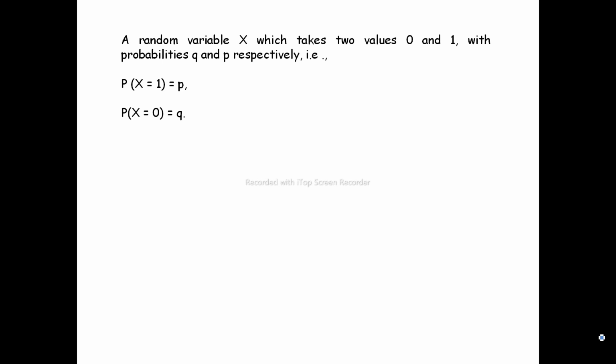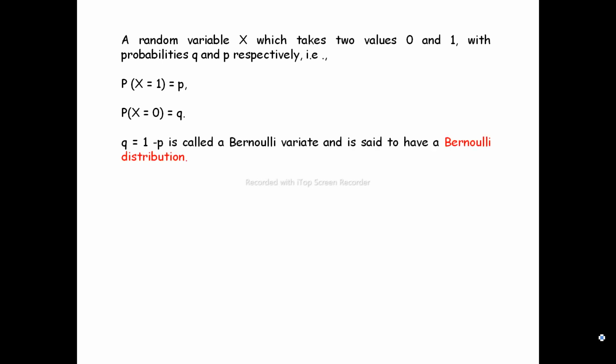Okay, and we know these two terms p and q very nicely, isn't it? P means probability of occurrence and q means probability of non-occurrence. So if x is equal to 1 it is p, and when x is equal to 0 it is q. And this thing also we know, q is equal to 1 minus p. It is called a Bernoulli variate and is said to have a Bernoulli distribution.